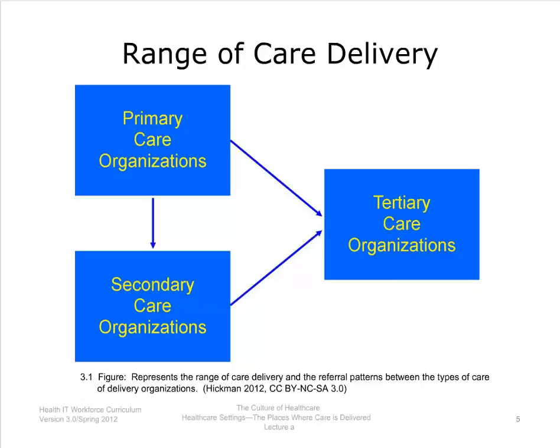The graphic shows that primary care organizations may refer patients to either secondary care or tertiary care, indicated by an arrow from the primary care organization text to both the secondary care and tertiary care text boxes. Secondary care organizations also may refer directly to tertiary care organizations, indicated by an arrow from the secondary care organization text box to the tertiary care organization text box.